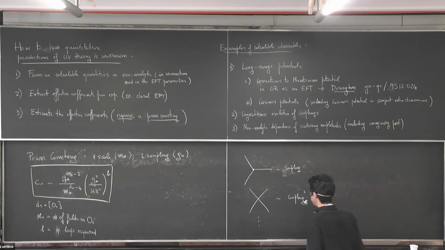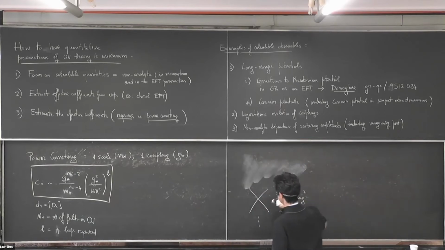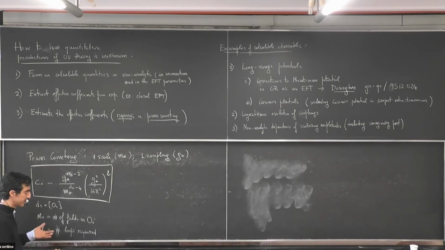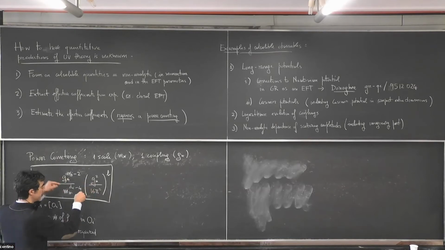Of course, things might be modified by selection rules. For example, if there are operators which are generated only involving some couplings, such as those of the standard model effective field theory, because there is a need of violating or breaking some invariance which is only broken by the couplings of the effective field theory, as we are going to show in the example that I want to mention, then instead of G star here, there might be other couplings of the low energy theory.